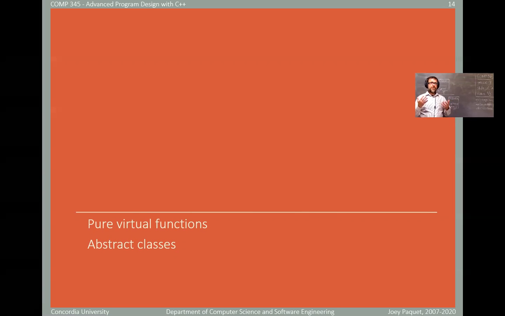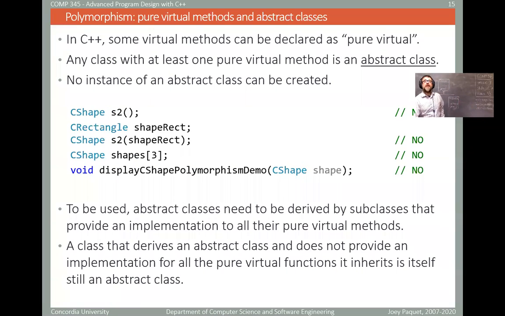So there's a relationship between abstract classes and interfaces. In C++, there's no such thing as something you declare as an interface. If you want to define an interface, you declare an abstract class. So in C++, abstract class and interface are the same thing.